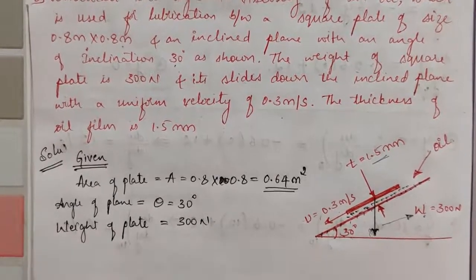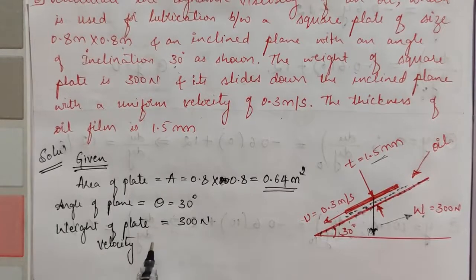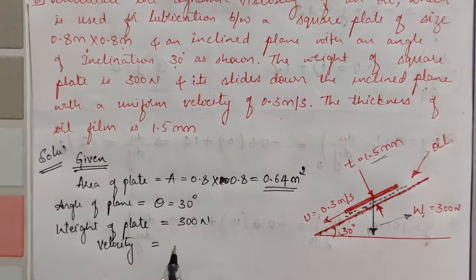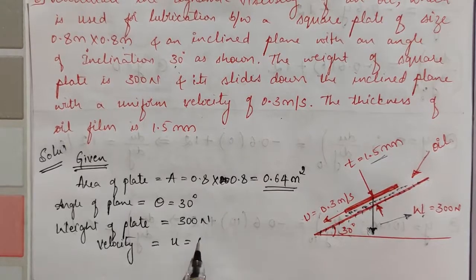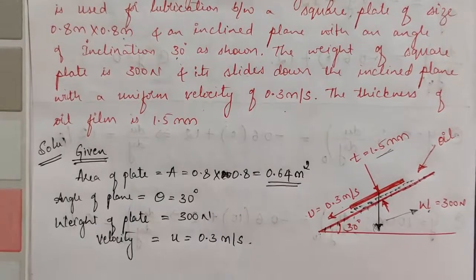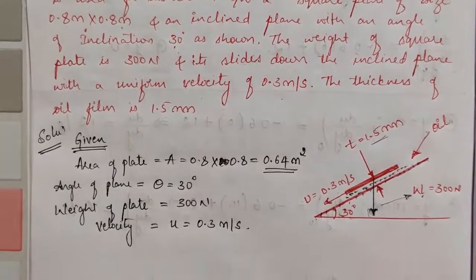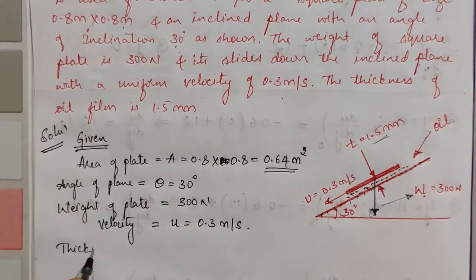Next, velocity. Velocity is given as, I'll denote it as u, and it is 0.3 meter per second. So these are the given things, and also the thickness.